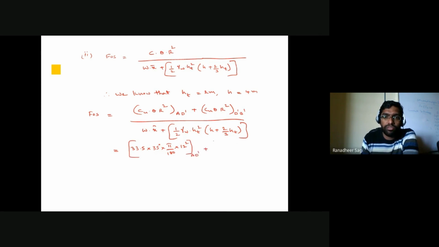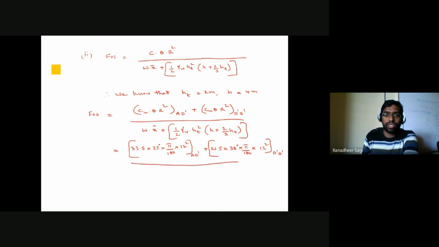Subsequently, for the region going from D dash to B dash, my Cu value was 21.5 into the theta value, given as 38 degrees. It's not 40 degrees like earlier. So in case 2 of the problem, it is given only as 38 degrees. I'm converting into radians by multiplying with pi by 180 into 12 square. This I have got for the region going from D dash to B dash.